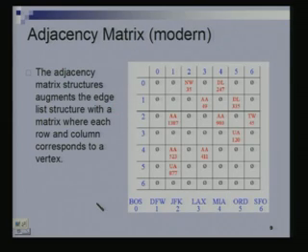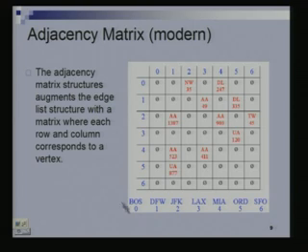Again, there is a possibility that instead of having ones and zeros, you could keep track of the edge information here. So the adjacency matrix structure augments the edge list structure with the matrix.